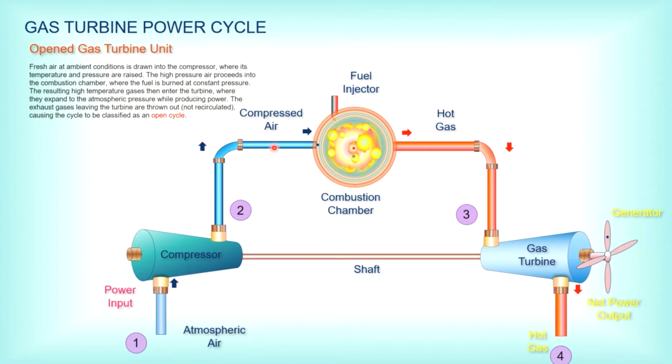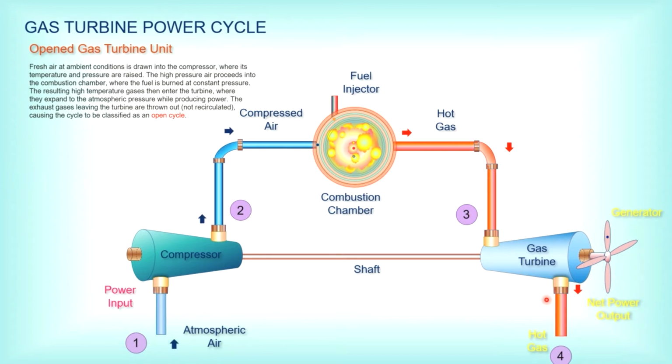Then it is directed to the combustor where it mixes with fuel. Due to high pressure and high temperature, the mixture will ignite and burn, and hence it produces hot gases. So you see, the inlet is air, the outlet is gas.